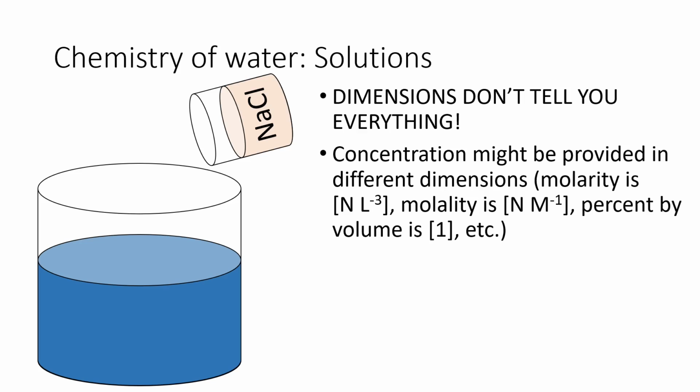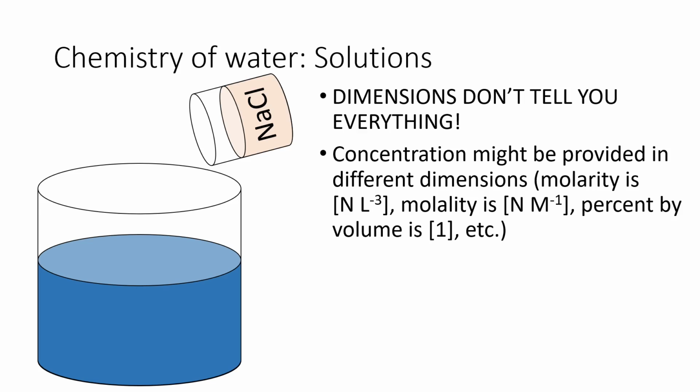Moles are a count of molecules based on Avogadro's number, and we specify a count or a number of things using the capital N in dimensional analysis. So molarity would be the N per volume, or the number of molecules per volume of solution. Molality is similar, but it's the number of molecules per mass of the solvent, not the solution, but the solvent.